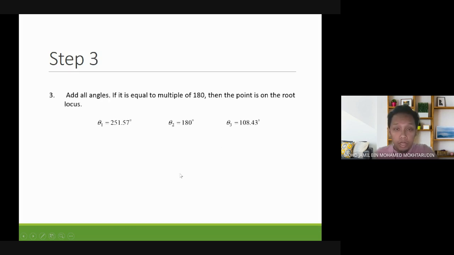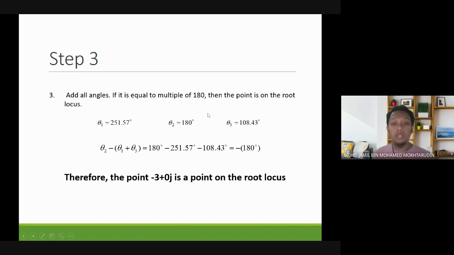So if we look at this example, θ2 is the angle of the zero minus the summation of the angles measured from the poles. Okay, so θ1 is measured from pole number 1, and θ3 is measured from pole number 2. So we get the angle to be negative 180 degrees. So it's a multiple of 180 degrees.